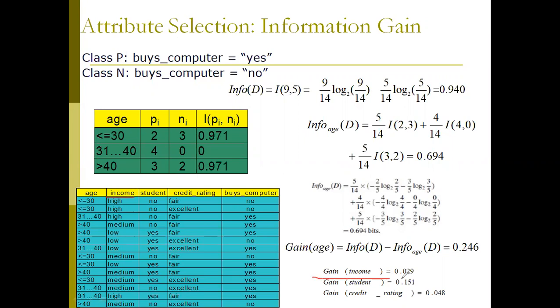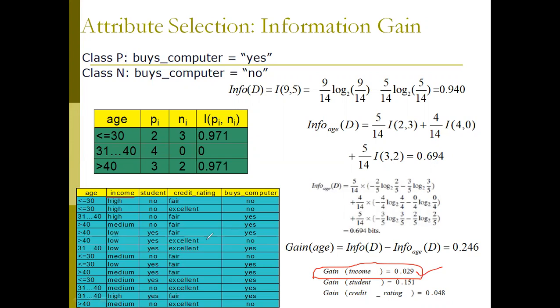The information gain value for income is 0.029. This is the value I have substituted there. So this is the information gain for the income attribute. How have we measured this one?